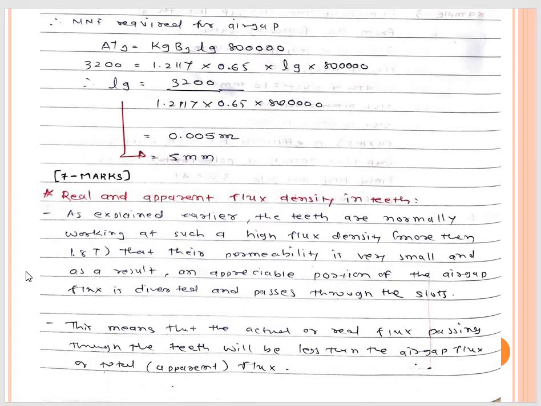As a result, an appreciable portion of the air gap flux is diverted and passes through the slot. This means that the actual or real flux passing through the teeth will be less than the air gap flux. The total air gap flux is also called total flux or apparent flux.